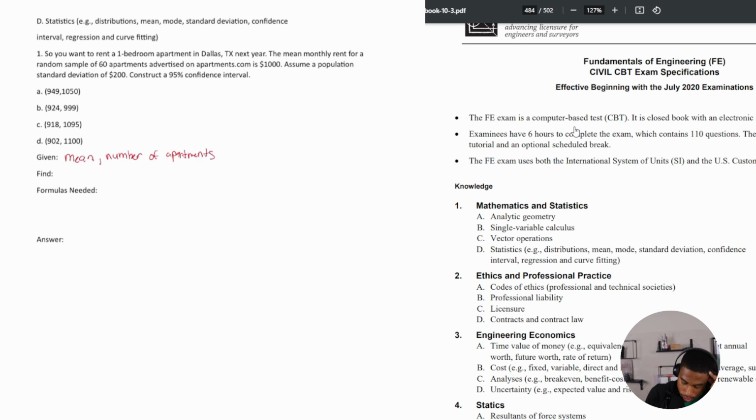We're given the standard deviation, I'm just going to put SD, that is $200. And so those are all the givens. What are we trying to find? We're trying to find the 95% confidence interval.